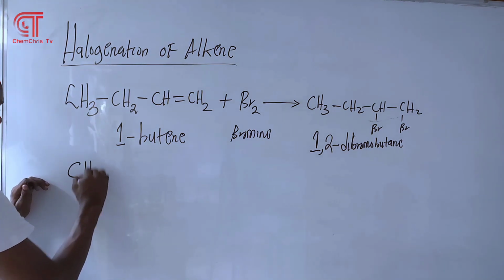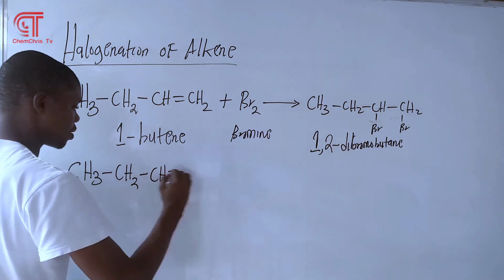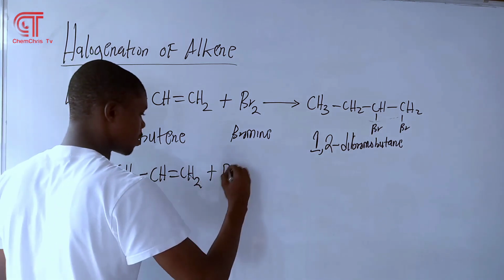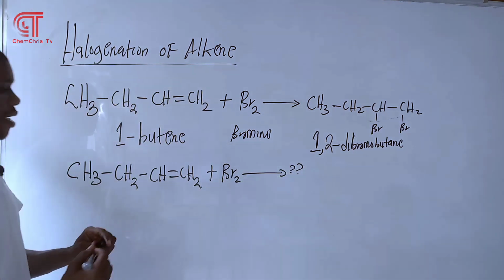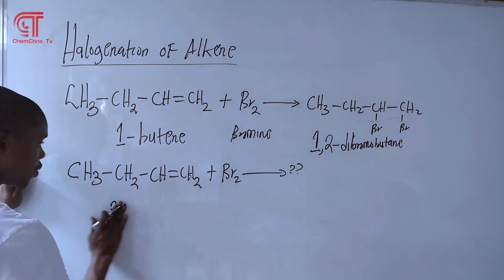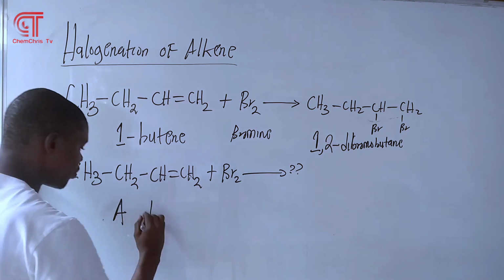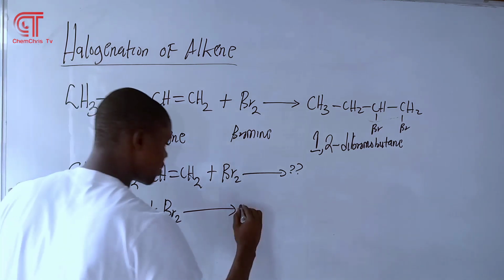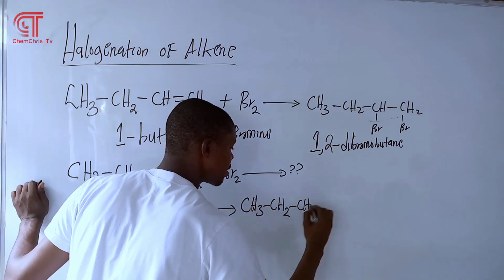Here we have CH3 CH2 C. You may see it like this, or you may see it like this: A plus B gives this product. Here we have CH3 CH2 CH.